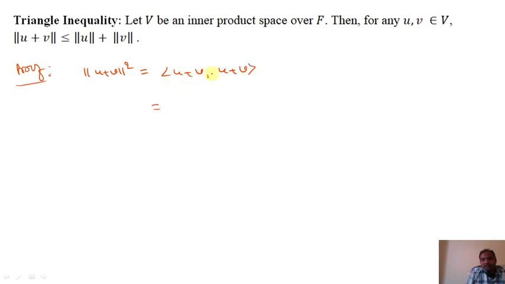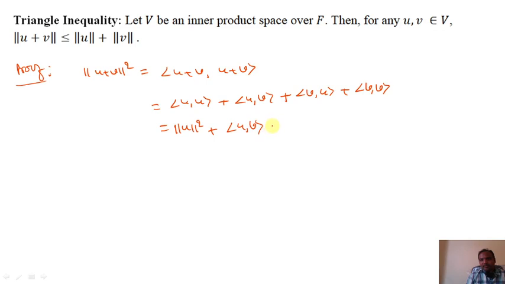Now use the expansion: u comma u plus u comma v plus v comma u plus v comma v. This is equal to u comma u, which is norm u square, plus u comma v and v comma u.